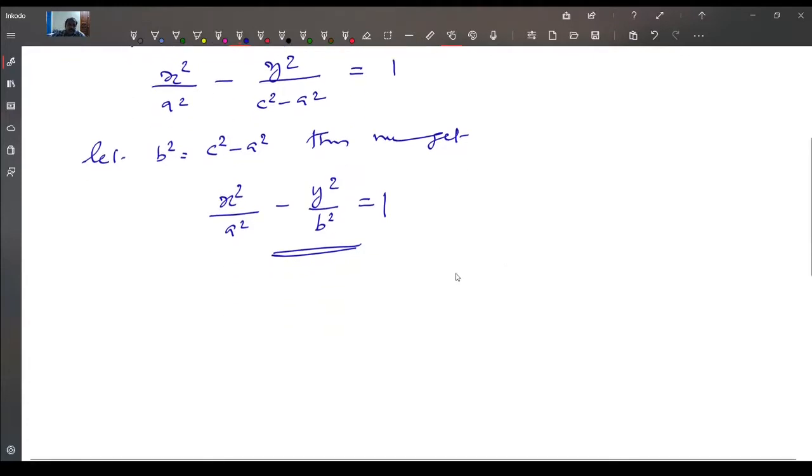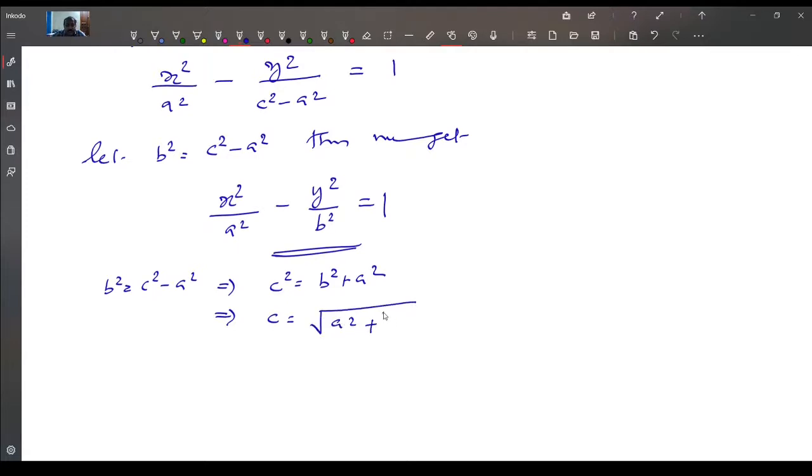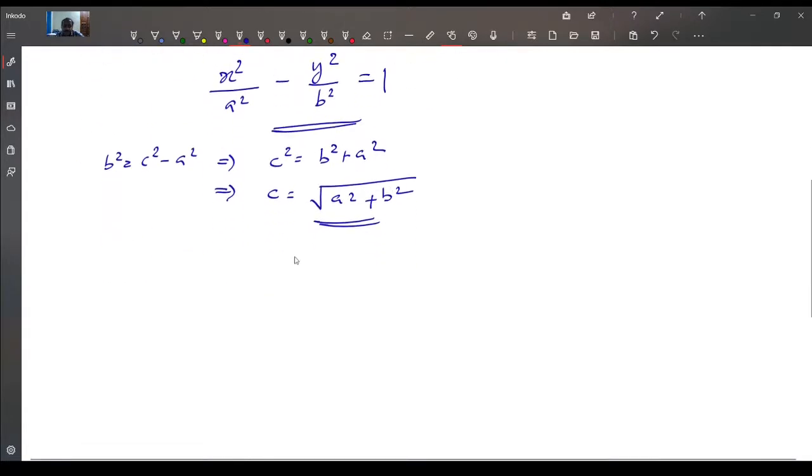And we have b square is equal to c square minus a square. This implies c square is equal to b square plus a square, or from this you will get c equal to square root of a square plus b square. So this is the center to focus distance of the hyperbola x square by a square minus y square by b square equal to 1.